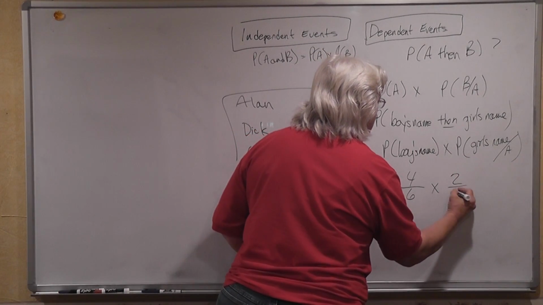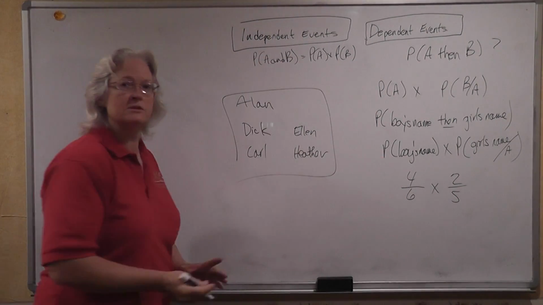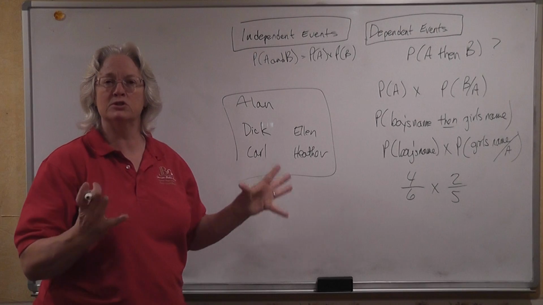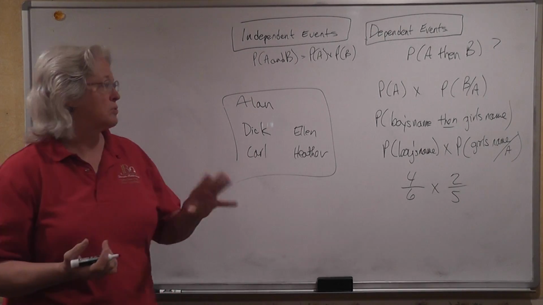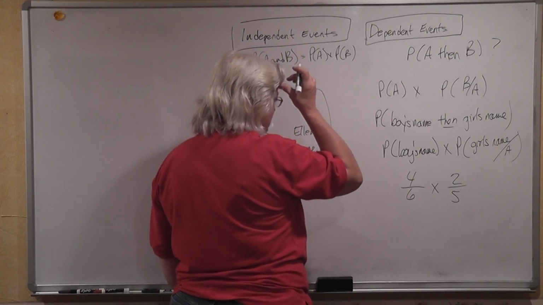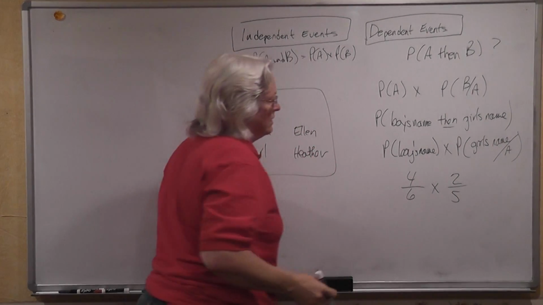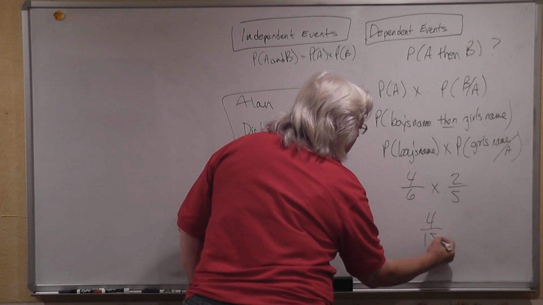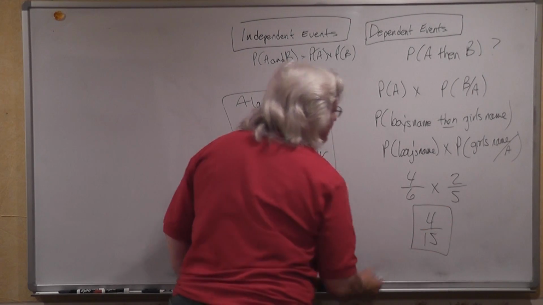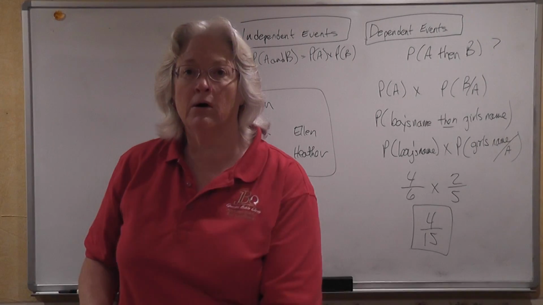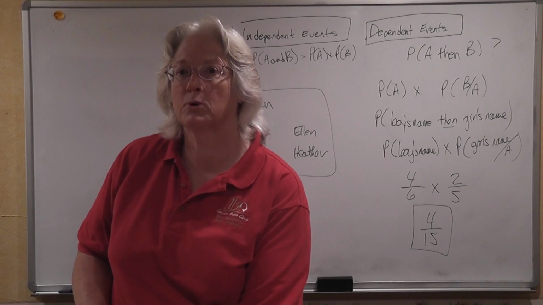Out of how many possible choices do we have? 5 possible choices. You multiply those 2 probabilities together, you have them reduced to lowest terms, and you have 4 out of 15. Because you have a common factor of 2 that you can reduce. And that's really all that is involved in doing these probabilities.